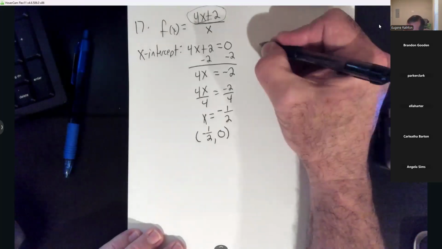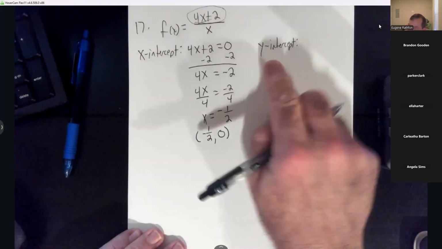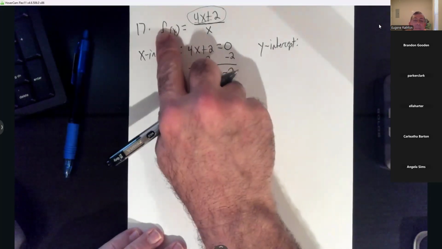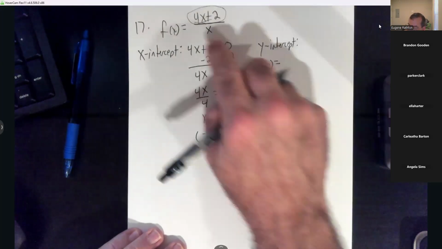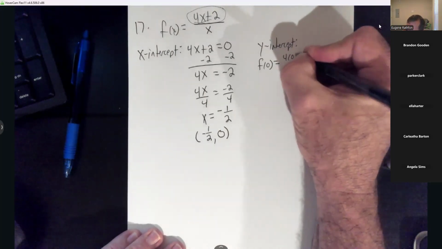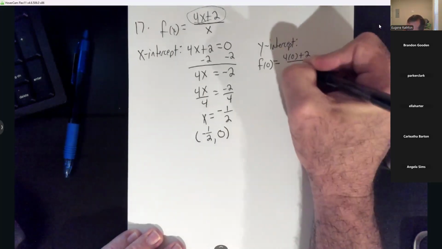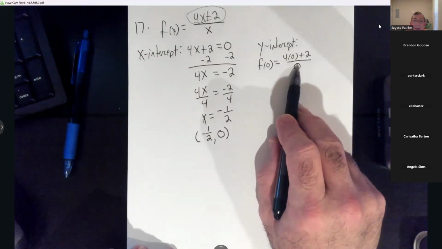All right, they want me to find the y-intercept also. So to find the y-intercept, you find f of 0. That means you're going to put a 0 in for all the x's. So you got 4 times 0 plus 2 on top over 0 on the bottom. So can you even work this thing?